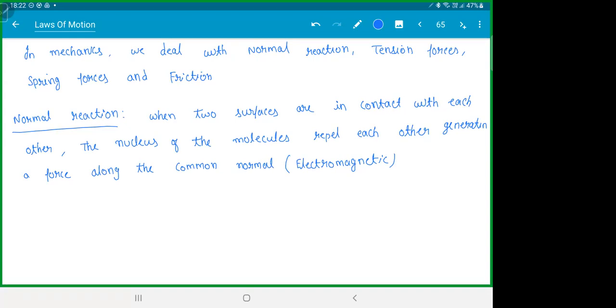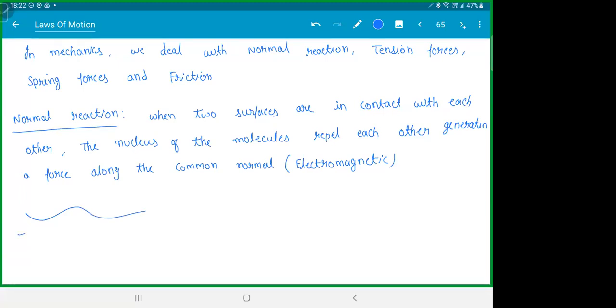That really doesn't work. So what kind of force is normal reaction? It's an electromagnetic force. This is what I said. All forces in the universe can be classified into those 4 forces. Normal reaction is something which we named, but in reality, it is an electromagnetic force at a molecular level.